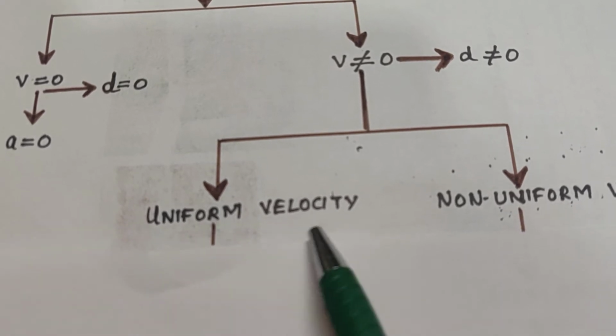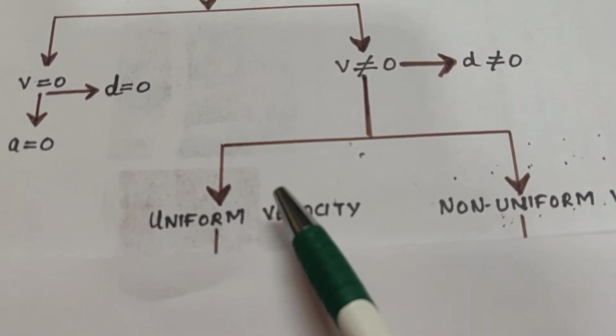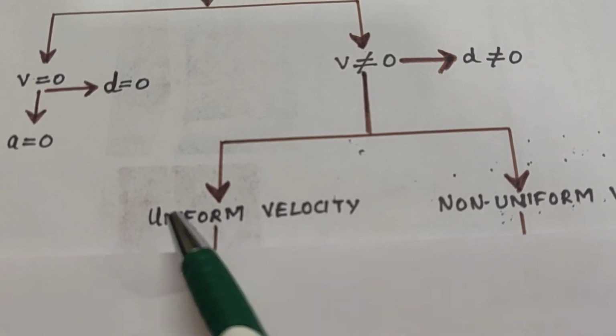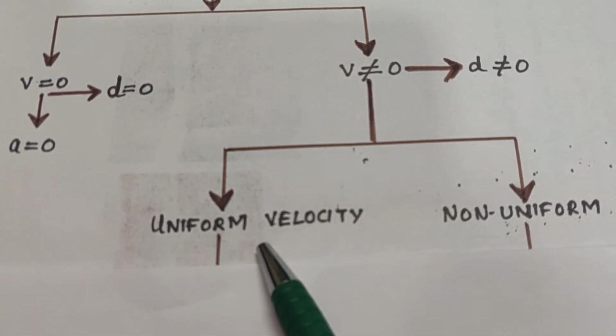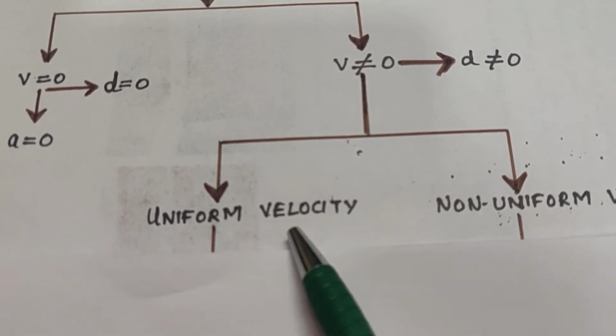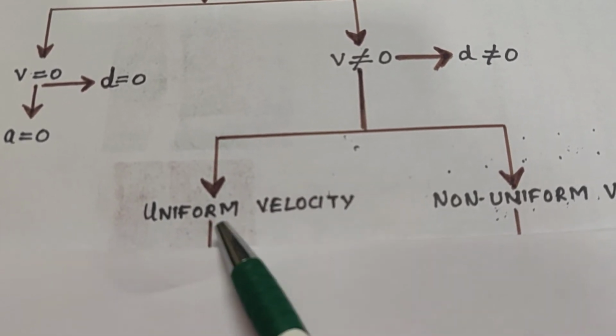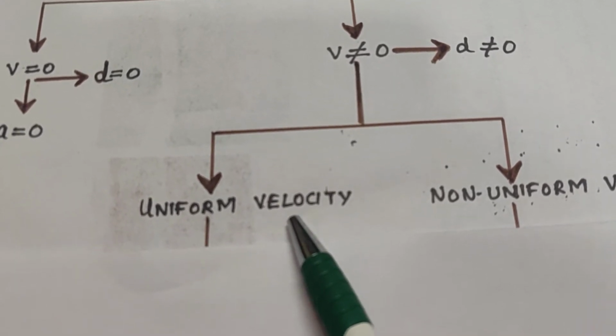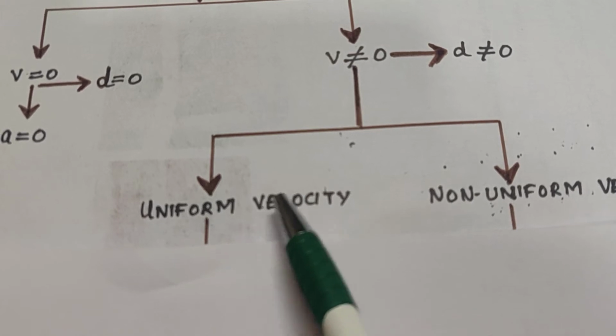So if the object maintains its speed every time, we call it uniform motion, because equal distance is traveled in equal intervals of time. So this is the case of uniform velocity. Velocity is the same every time.